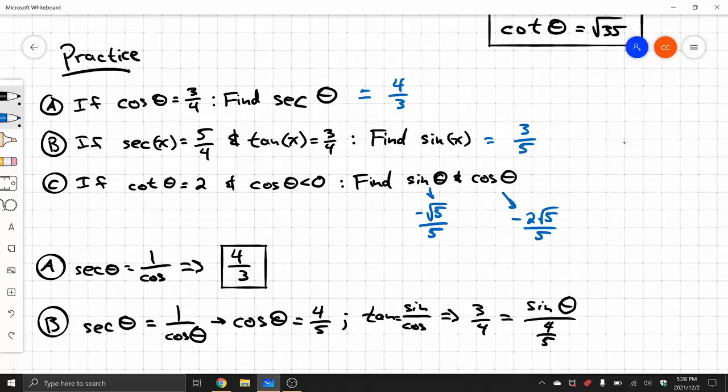So my sine theta is going to be equal to 3/4 times this 4/5. I'm just taking this equation and solving for sine of theta. And I'll find that my 4's cancel out.